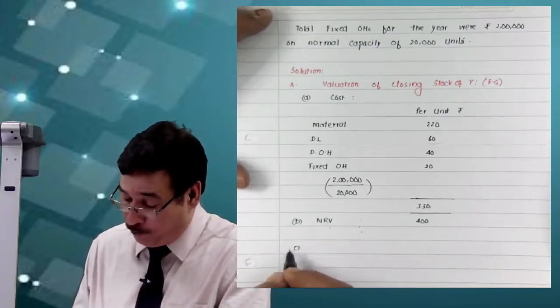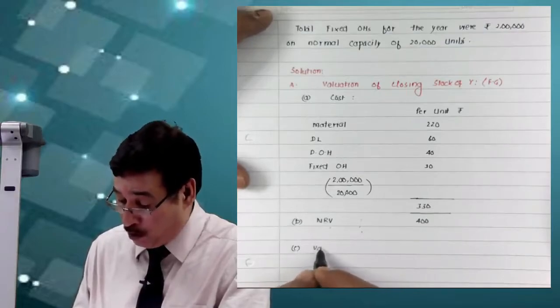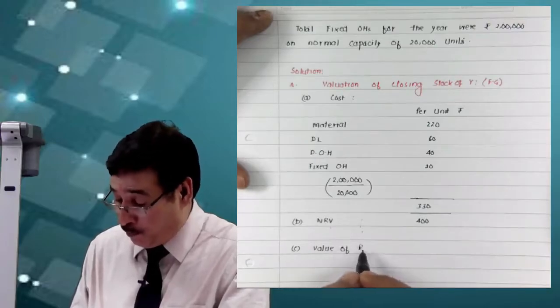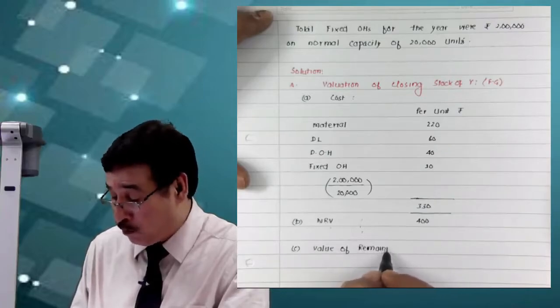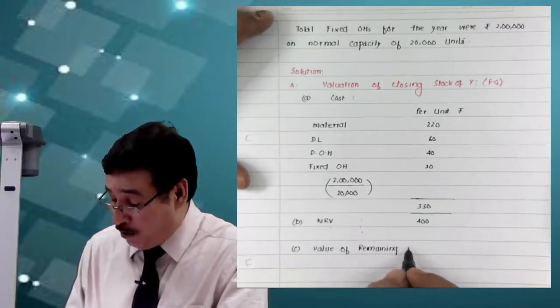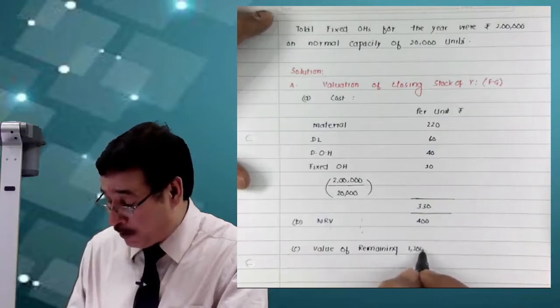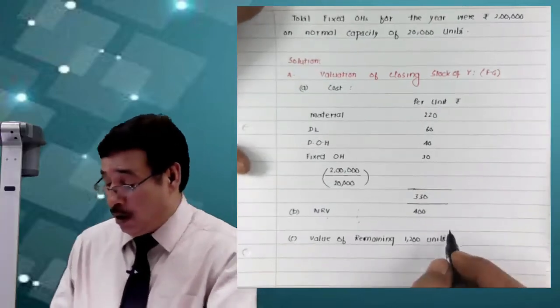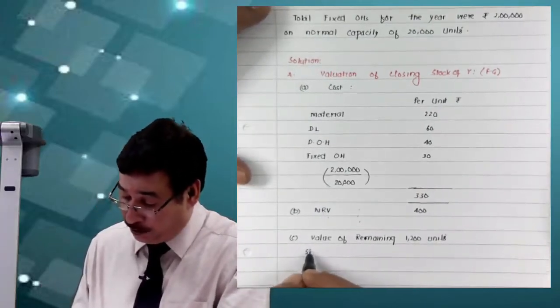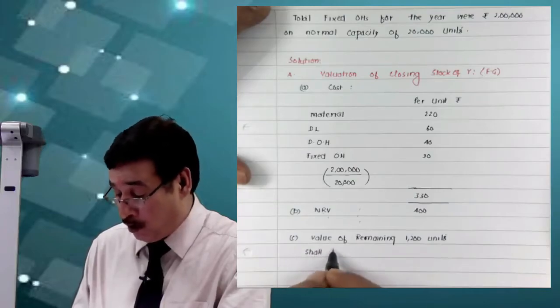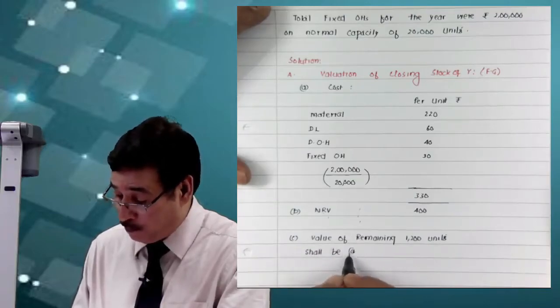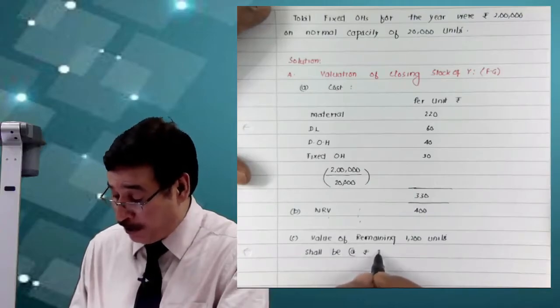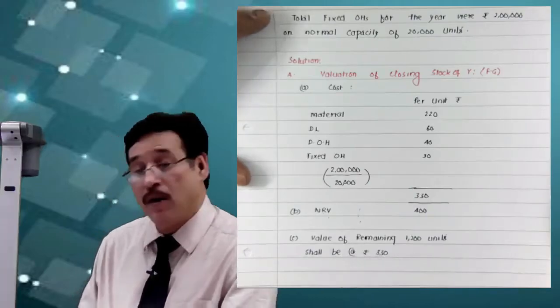So value of remaining 1,200 units shall be at the rate of rupees 330, correct?